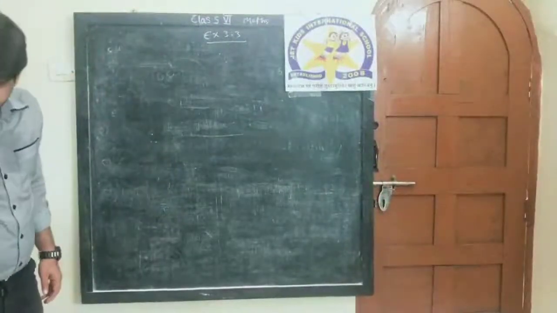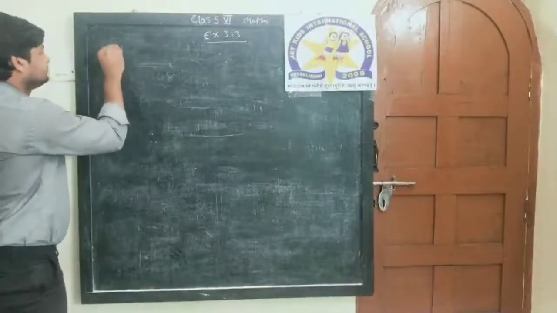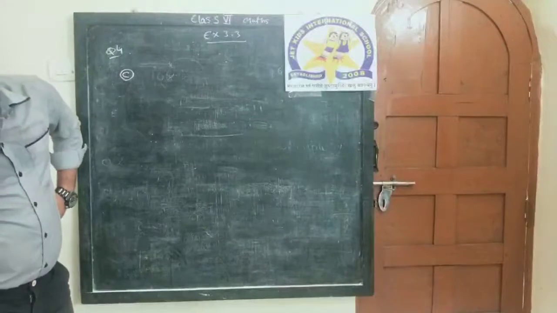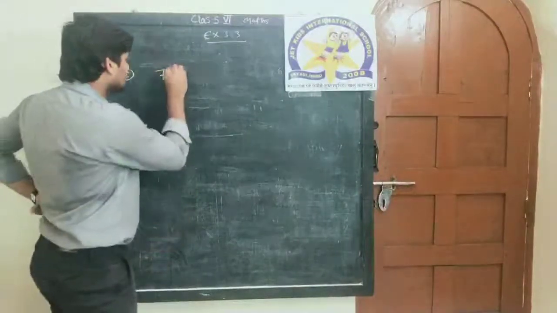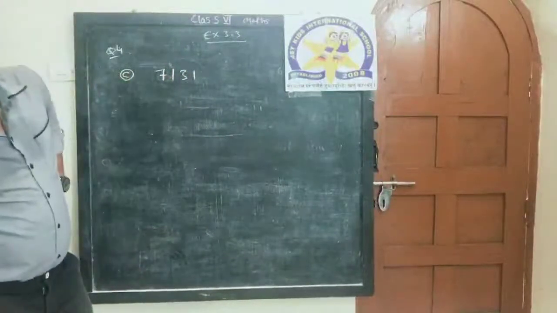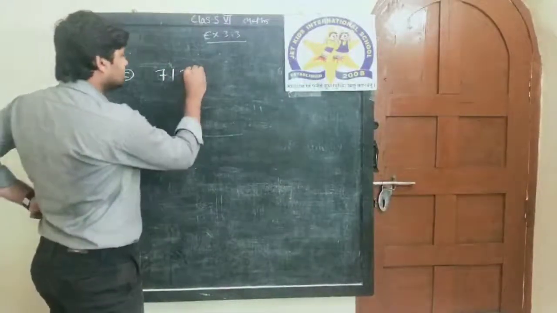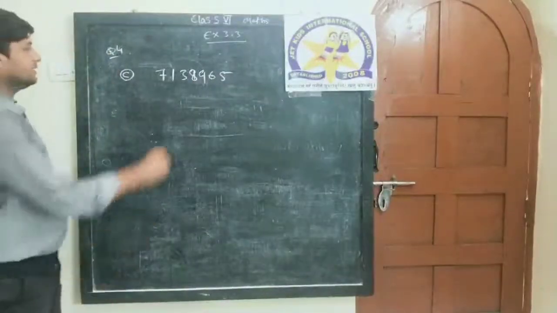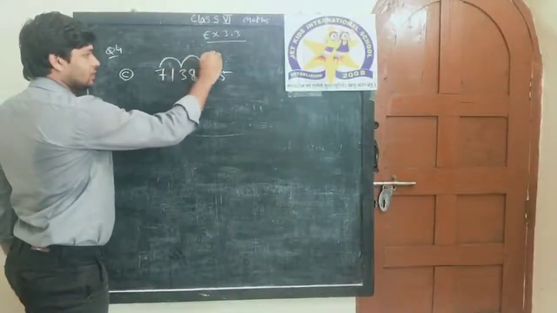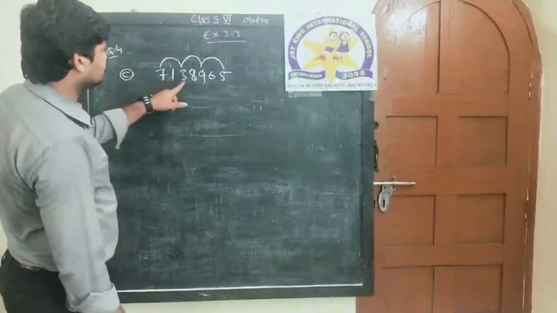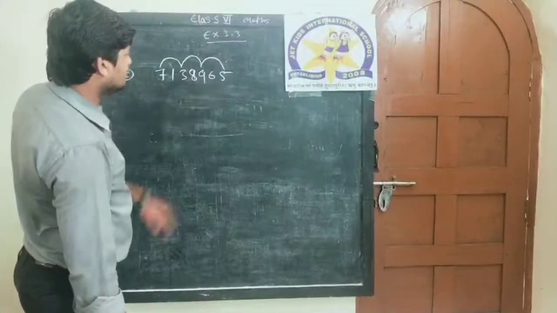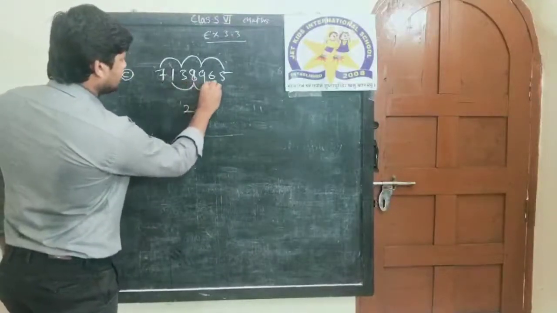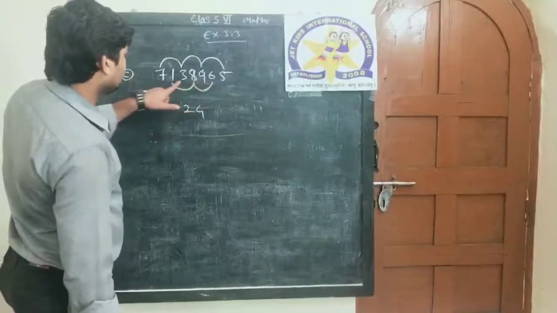Next, question C. Question 4 C. Now 38965. Okay, this is the number given. Now, alternate digits. 7 plus 3, 10. 10 plus 9, 19. 19 plus 5, that is 24. Now, 1 plus 8 plus 6. 8 plus 6, 14 plus 1, 15.